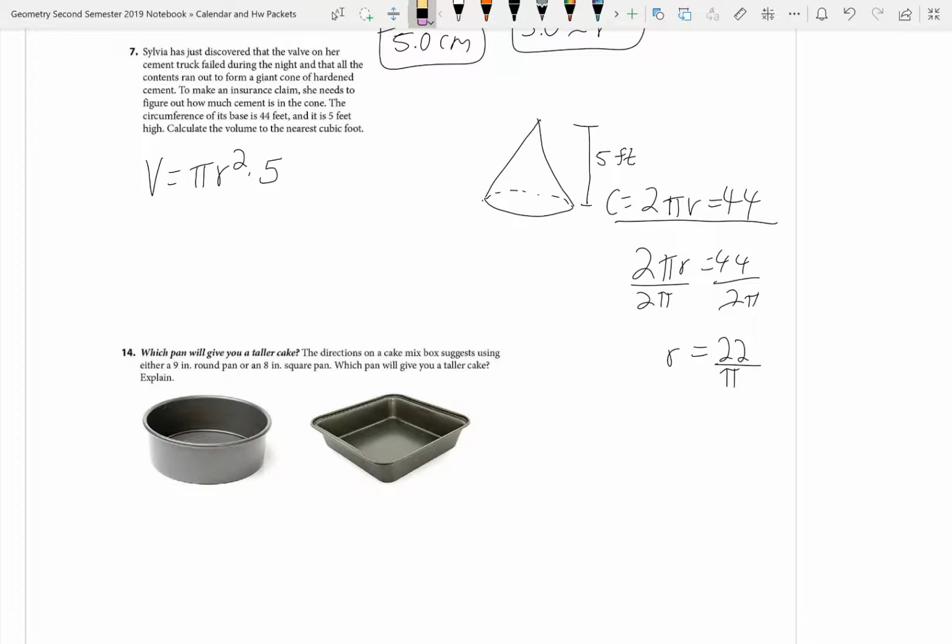And I don't want to forget that it's a cone, right? So the volume is going to be 1/3 pi r squared times 5. And the radius is 22 over pi. So go ahead and put that in here. So 22 over pi squared times 5.